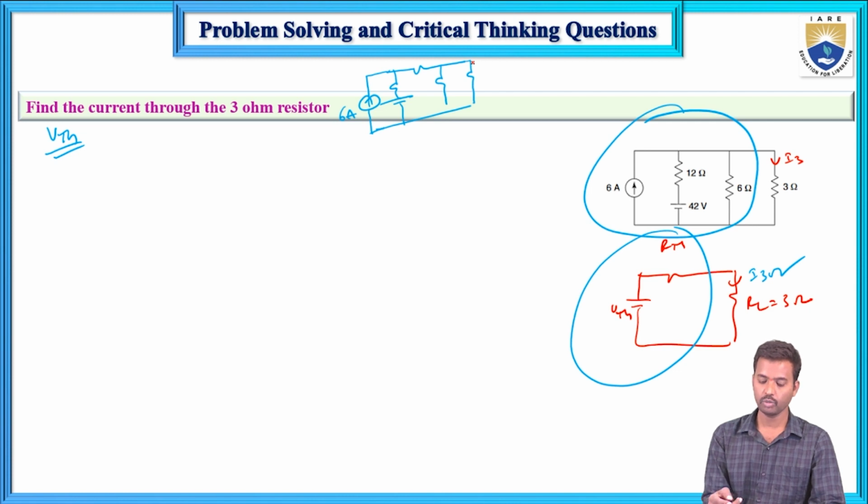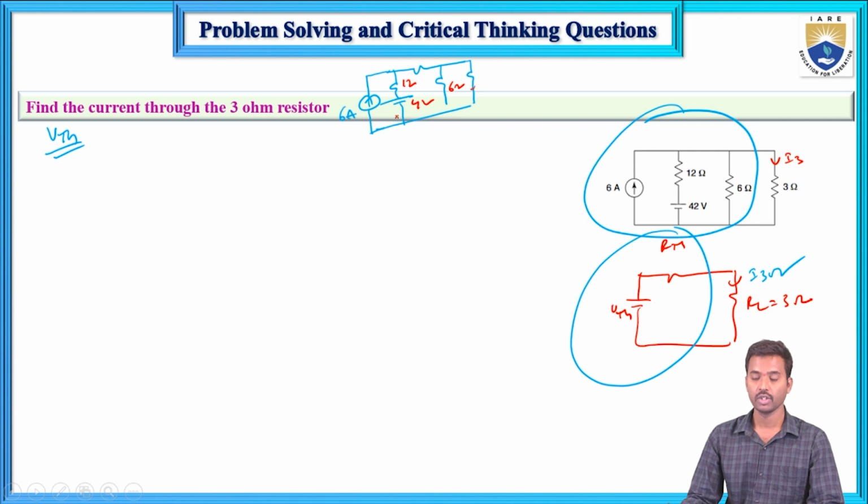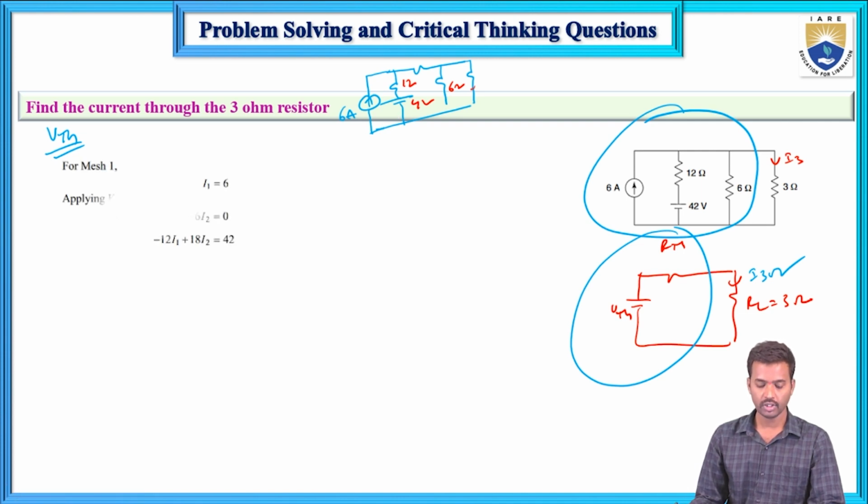So here we have 6 ohms and 12 ohms and 42 volts and 6 amps. Remove this load resistance first. This is VOC. Now here, mesh analysis.